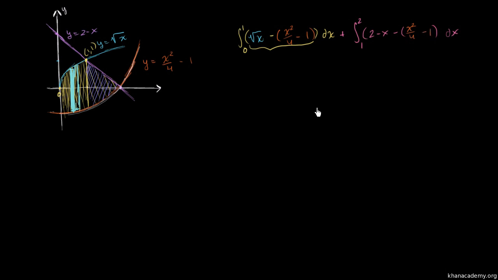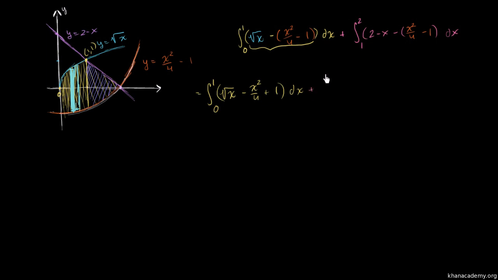Now we just have to evaluate. Let's first simplify this. This is equal to the definite integral from 0 to 1 of square root of x minus x squared over 4 plus 1 dx. I'm going to write it all in one color now.